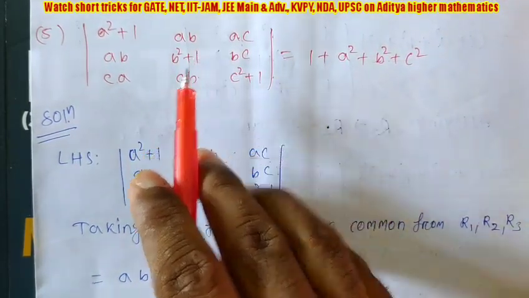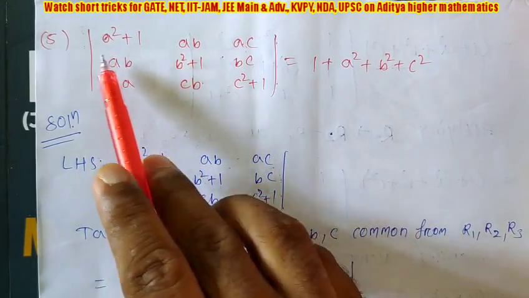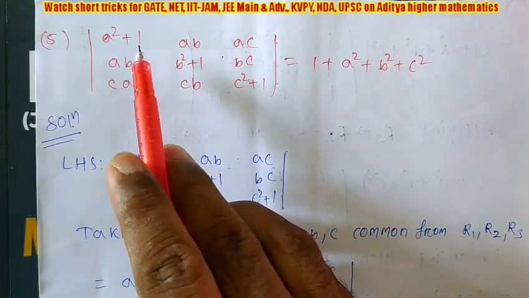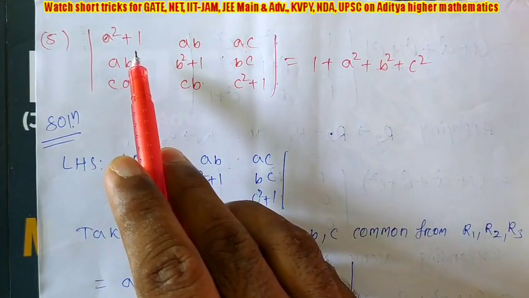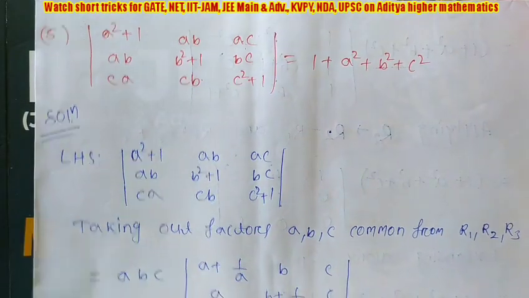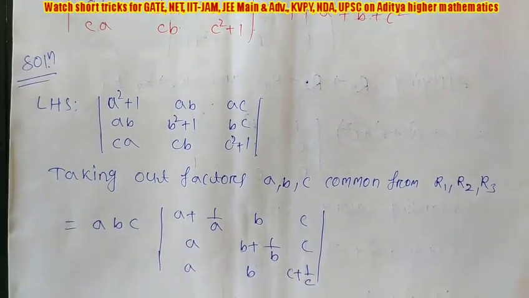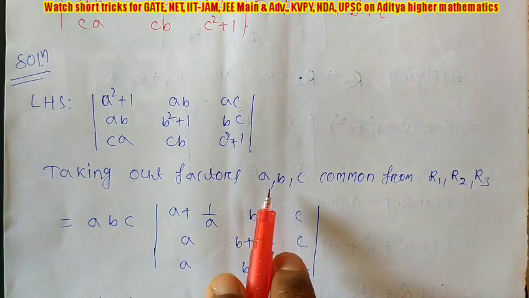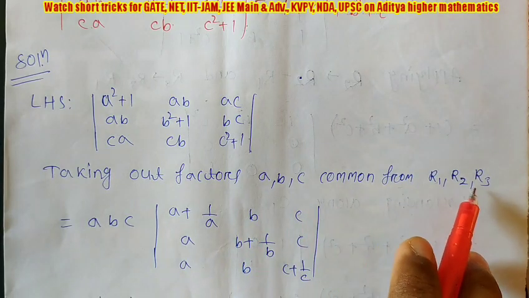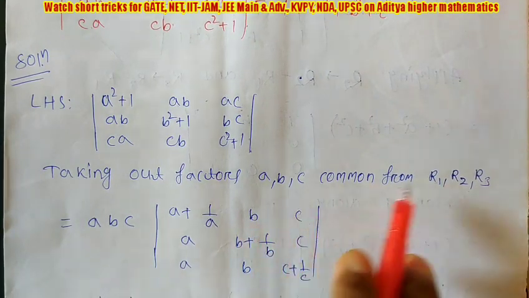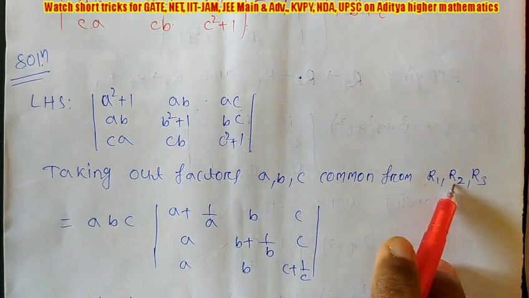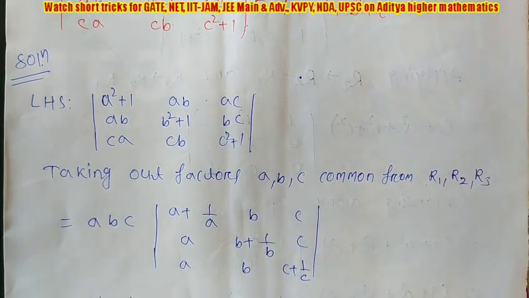So I will take A common, but here A is not common, but you can divide by A. If there is nothing common, you can divide. So first I am taking out factors A, B, C common from R1, R2, R3. A common from R1, B common from R2, and C common from R3.